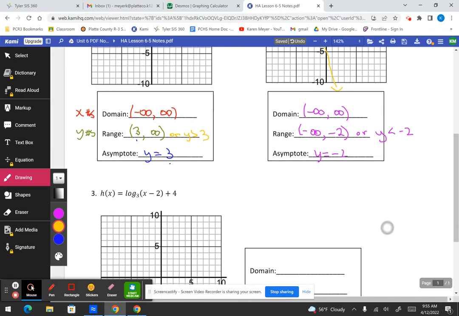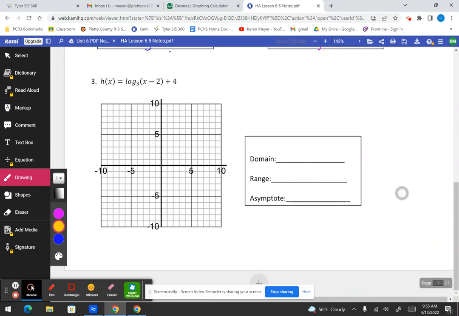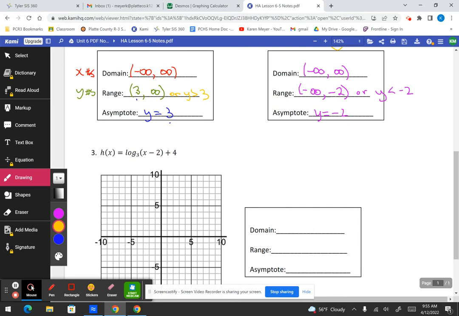Now, when I get to the third and last one here, you're going to notice, ooh, this one is not exponential anymore. This one has a log in it. So if it has a log or an ln, then that means it's going to be the opposite, or the inverse, of exponentials. So if it's the inverse of exponential, then instead of your domain being all real numbers, it would have to be the opposite, which is range.